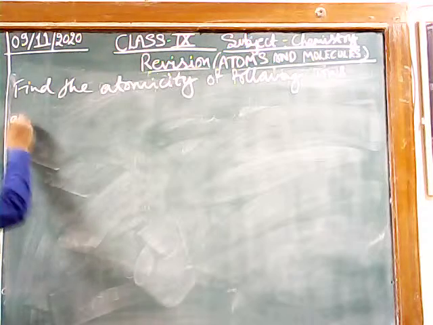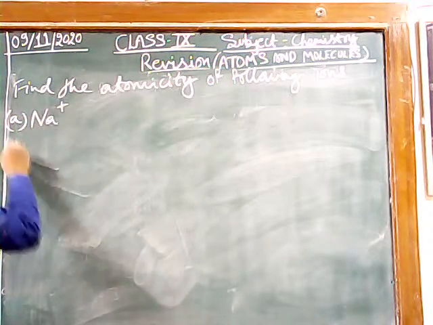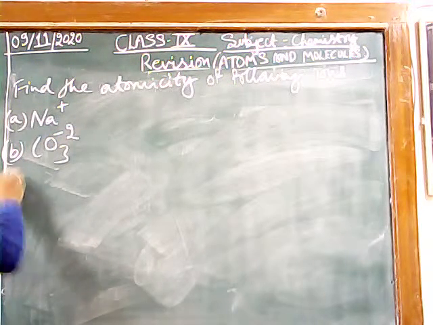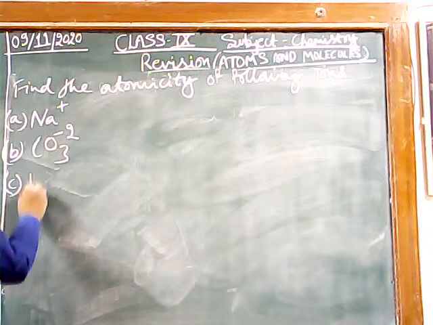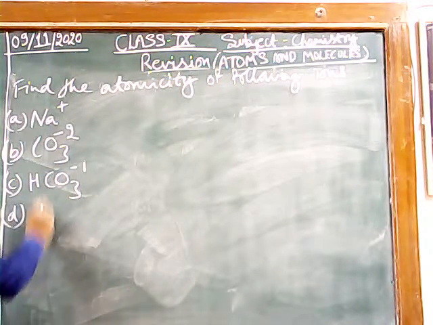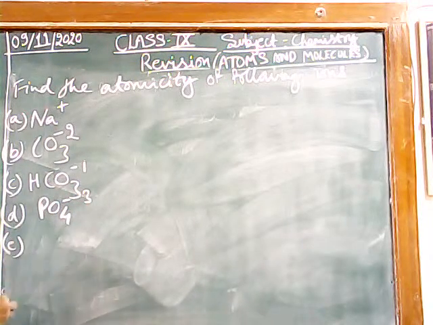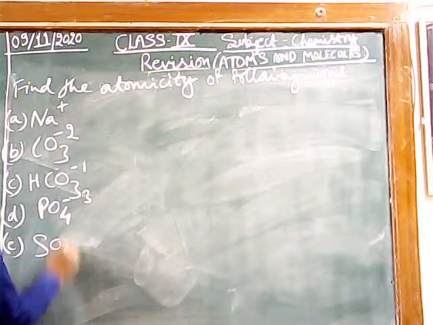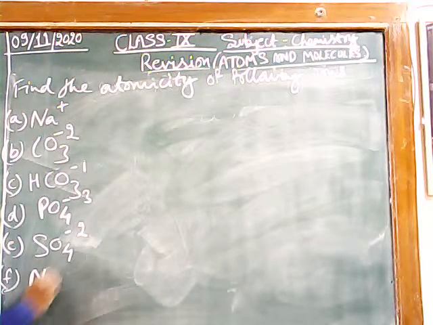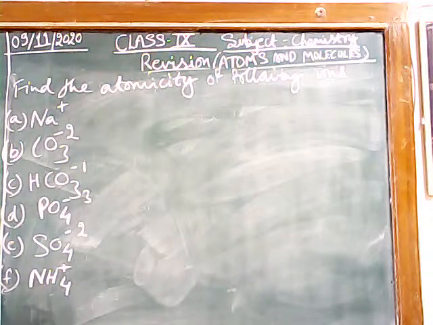For example, A, Na+; B, CO3 2-; C, HCO3-; D, PO4 3-; E, SO4 2-; F, NH4+. Okay. So now let us see what is the atomicity.